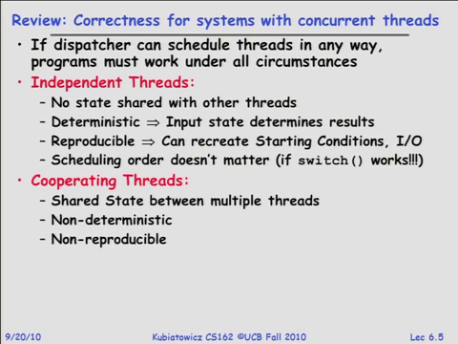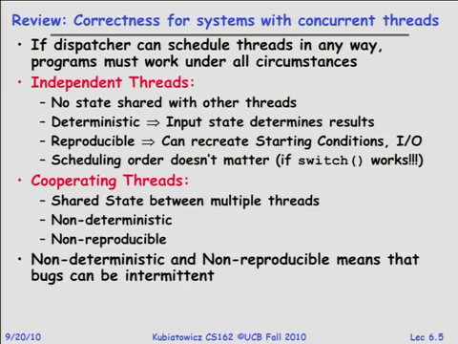Several seats throughout. Cooperating threads are non-deterministic. They're non-reproducible. You run them twice, and if you've programmed them badly, you get a different answer each time. That's unfortunate, and this is often called Heisenbugs.